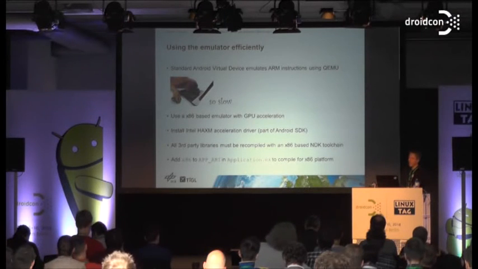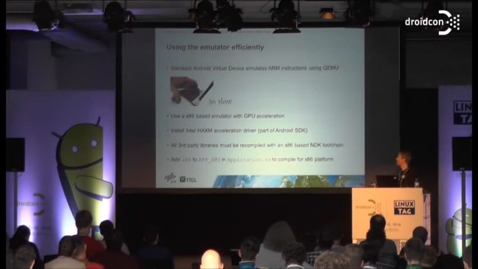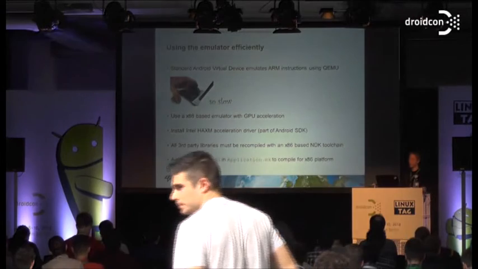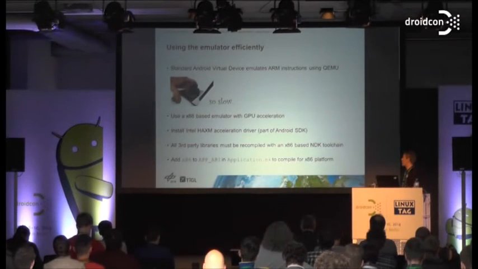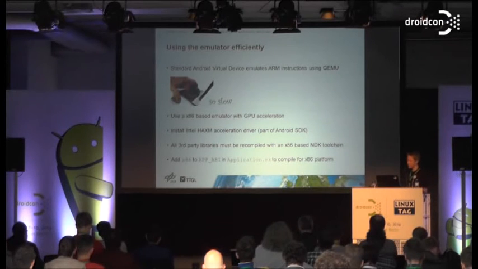What you can do, and what we heard about before, is switch to an x86-based emulator with GPU acceleration. All you have to do is install the Intel HAXM acceleration driver, which is part of the Android SDK. Then, of course, you have to recompile third-party libraries with an x86-based toolchain.